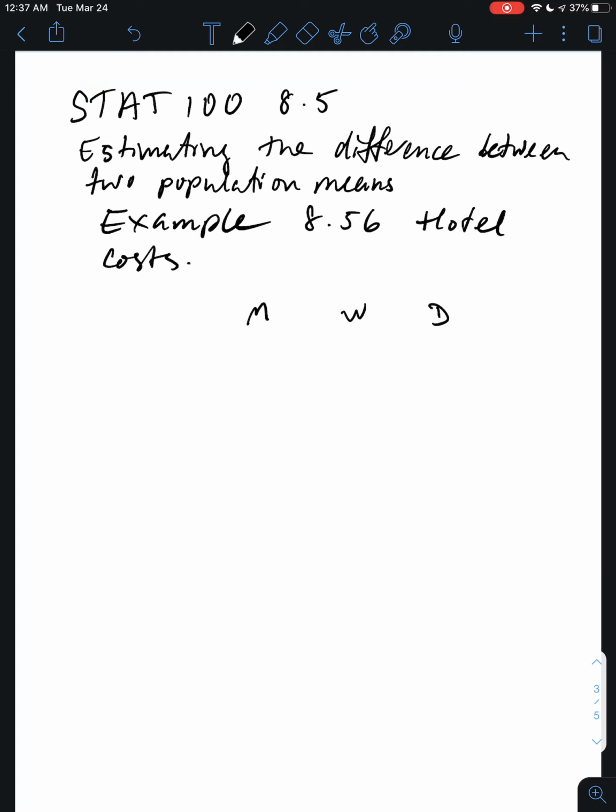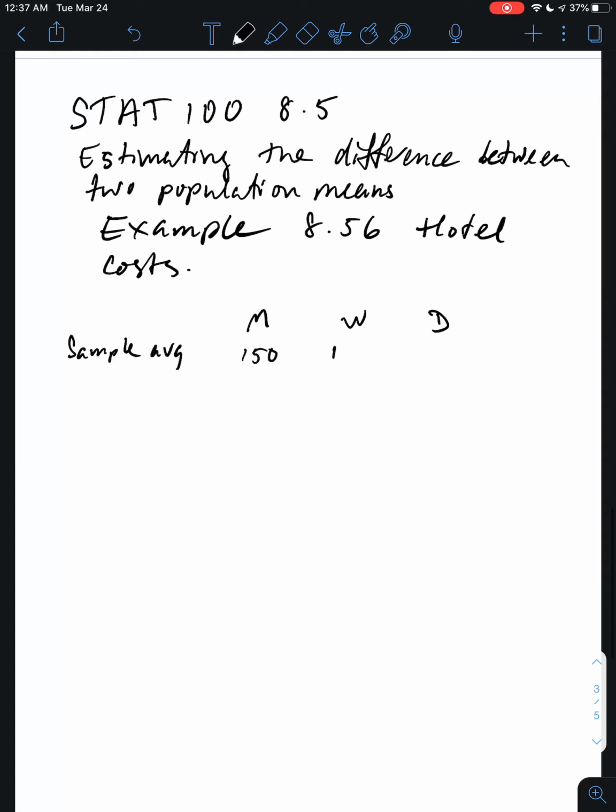And we have a sample average nightly price for a room. $150 is the sample average at Marriott, $165 for Westin, and $125 for DoubleTree. And to do any useful statistics, we also need to calculate the sample standard deviations or variances.